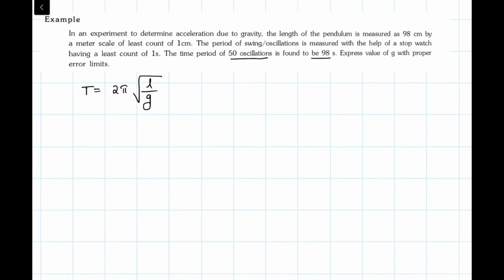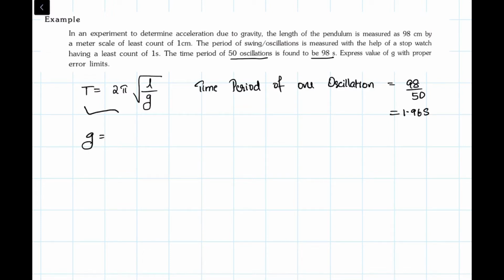So what will be the time period of one oscillation? It will be 98 divided by 50, and that is 1.96 seconds.